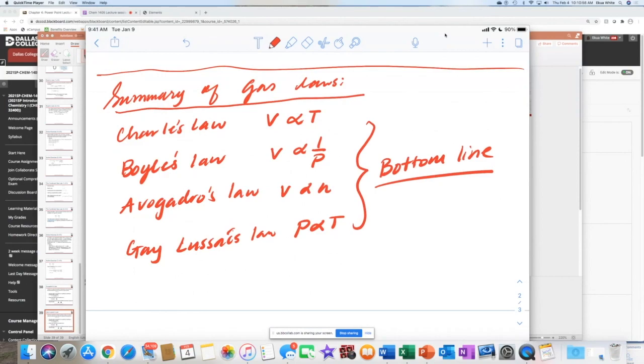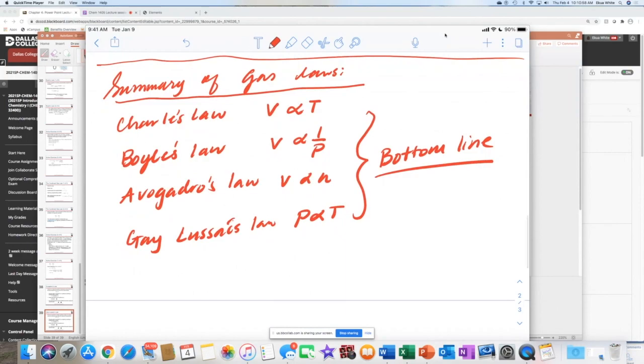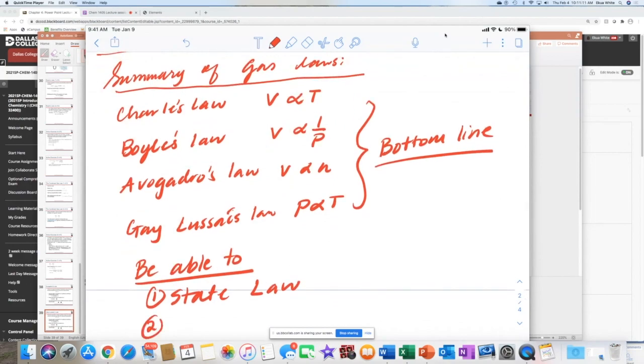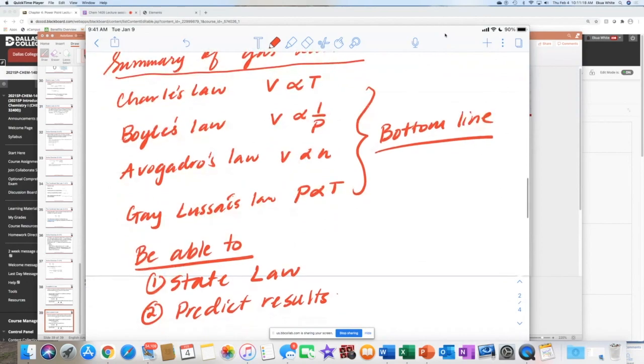So when it comes to these laws, as you're copying this, you want to be able to, number one, state the law, number two, predict results, and number three, use equations to solve for the unknown.